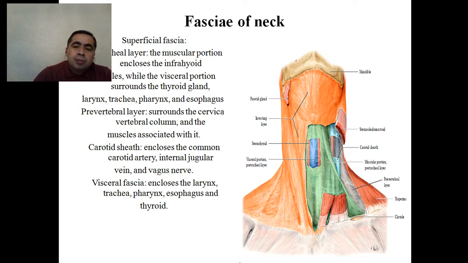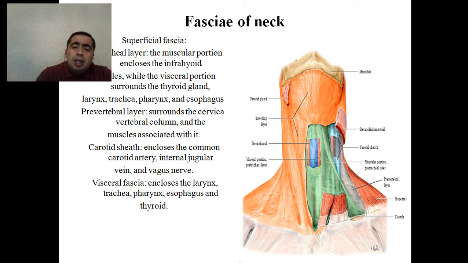And the next group, which in some anatomical textbooks is explained as the middle layer of the cervical region, the suprahyoid and infrahyoid muscles of the neck, and finally the deep muscles of the neck, the lateral group.